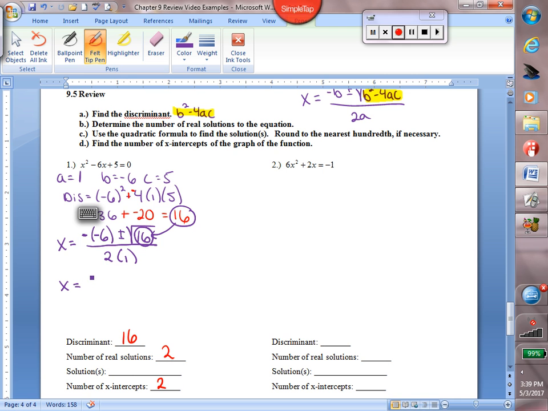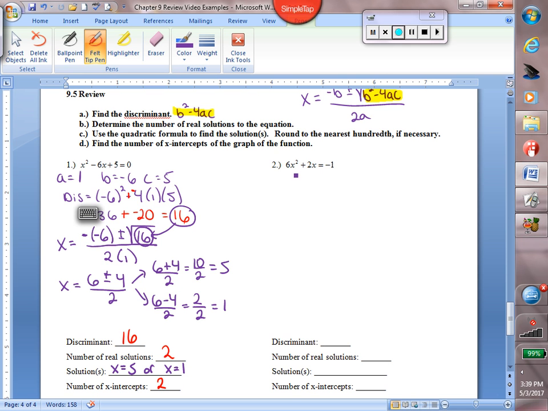So x equals positive 6 plus or minus 4 divided by 2. So that means we have positive 6 plus 4 divided by 2, and positive 6 minus 4 divided by 2. 10 divided by 2 is 5. 2 divided by 2 is 1. So our solutions would be x equals 5 or x equals 1.